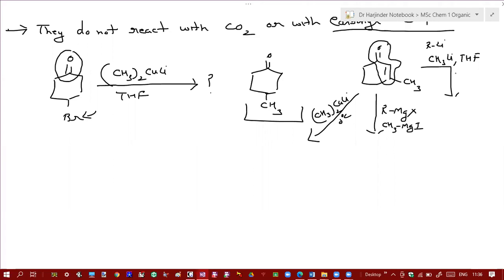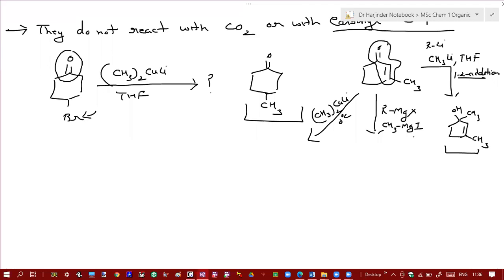Sir, 1,2 addition will take place. Yes, in this case there will be only 1,2 addition of this methyl group over this carbonyl group, and you will get only one product, that is alcohol. Okay, in the second case, when you treat it with Grignard reagent, what will happen in this case?